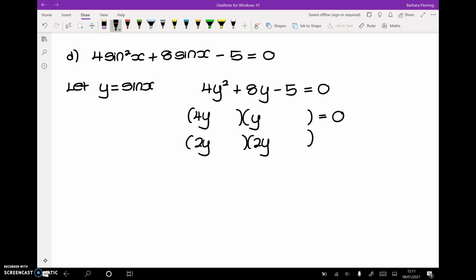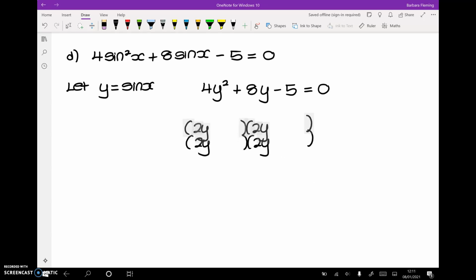So no matter which way I put 1 and 5 here, that would give me 20y and 1y, so that's not going to work. If I put in 5 and 1, that would give me 4y and 5y, but again, that doesn't give me 8y, so neither of those are going to work.